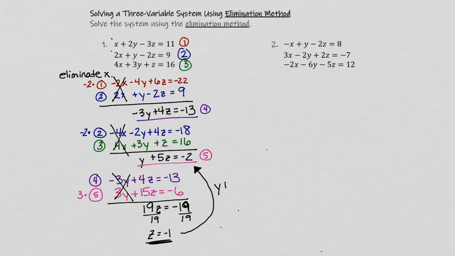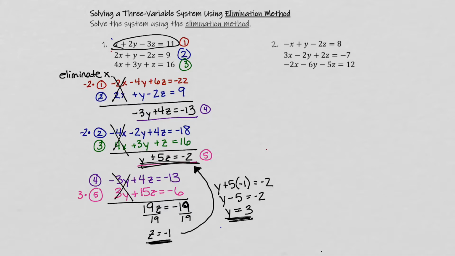So I get y plus 5, and we said z was negative 1, equals negative 2. So I rewrote equation 5, and I just substituted in z. And so I get y minus 5 equals negative 2, add 5 to both sides, and I get that y is 3.